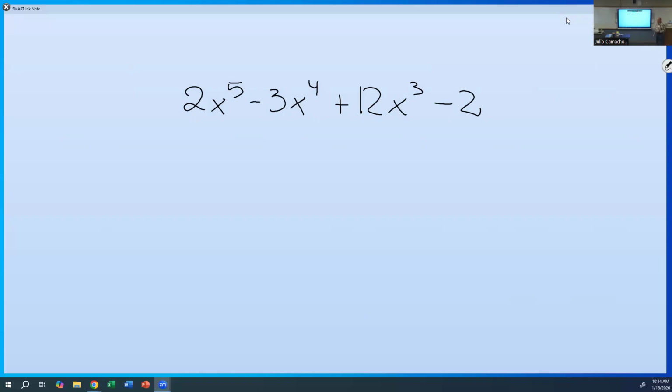It's a polynomial. It would be a trinomial if I didn't have the 2. But remember, the constant counts as a term of the polynomial. If we have to write it, it would be 2x to the 0 power. We'll never do that, but I will do it for illustration because that is what it is.